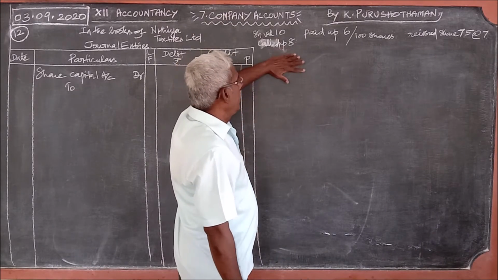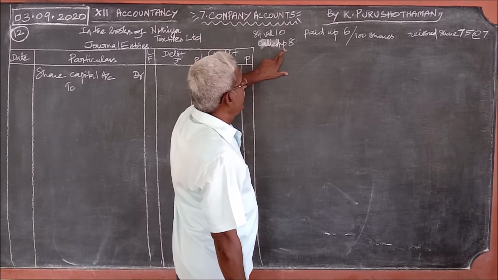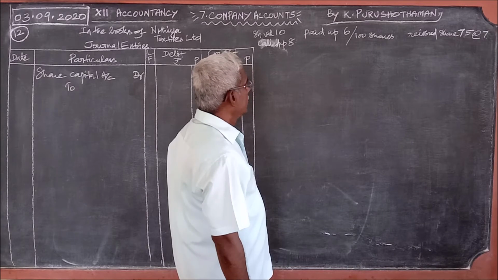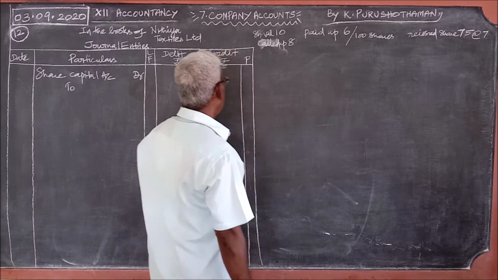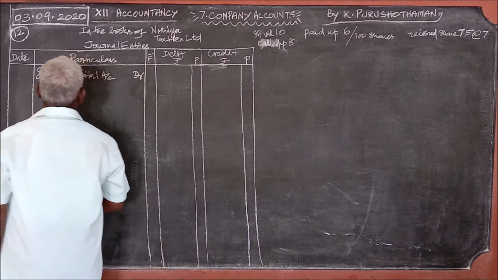So this called up amount should be taken into account. This is very important. So called 8 rupees only, so it is treated as first call.